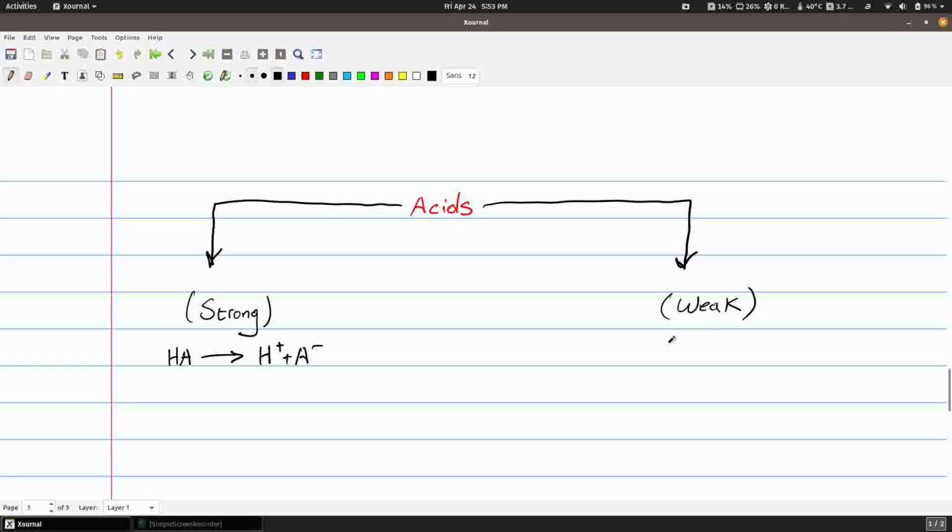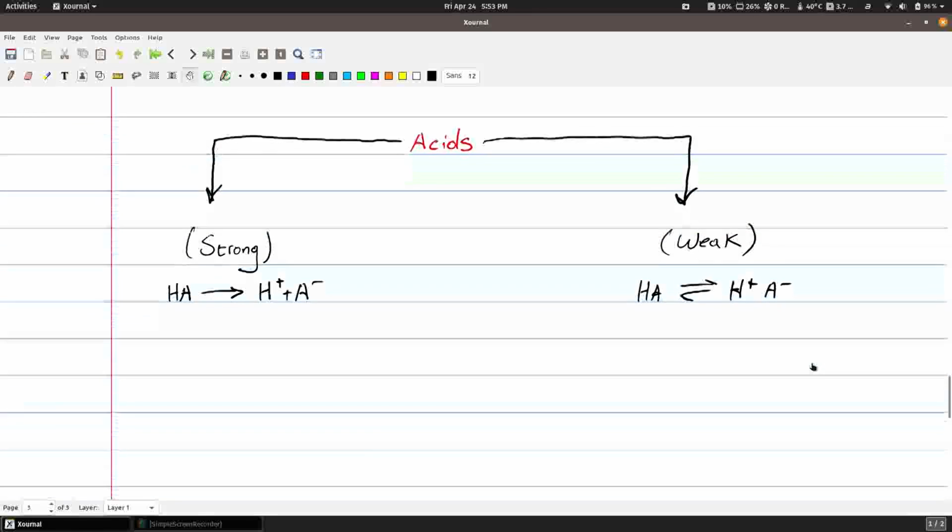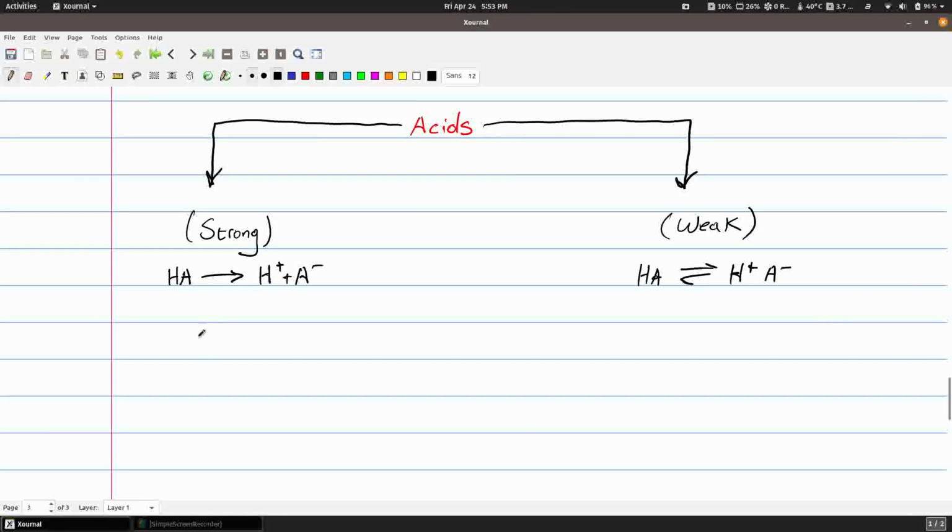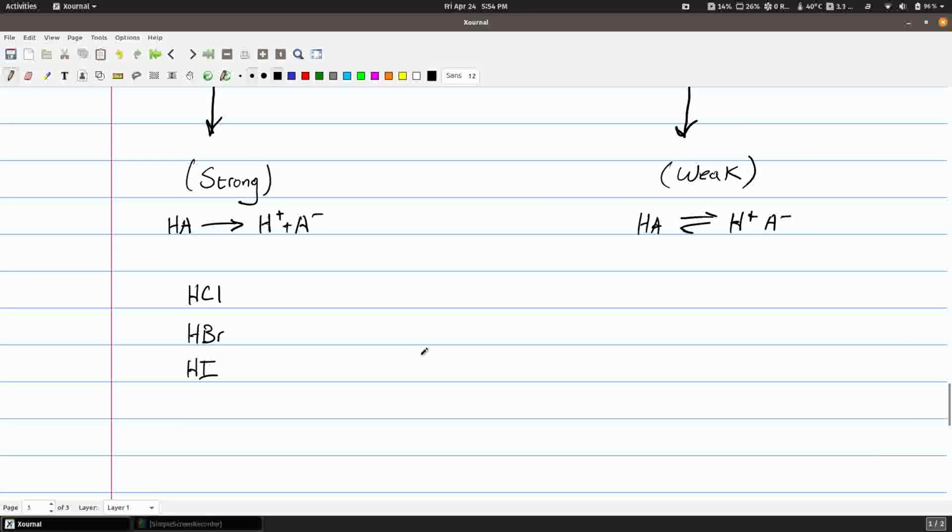And then over here, you would have HA with an equilibrium arrow, meaning it can go back and forth because there's going to be a balance between the two. So let's write down some acids. You have hydrochloric acid, hydrobromic acid, hydroiodic acid, and then we have nitric acid, and we have sulfuric acid.